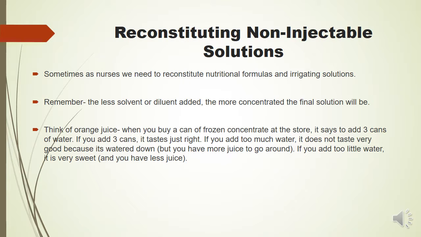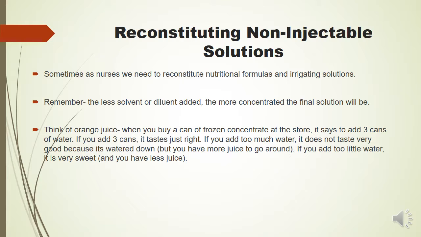Now, reconstituting non-injectable solutions. Sometimes, less frequently than regular reconstitution in my practice anyways, as nurses we need to reconstitute nutritional formula, irrigating solution, things like this. When we're doing that, remember back to our reconstitution education: the less solvent or diluent added, the more concentrated our final solution is going to be.